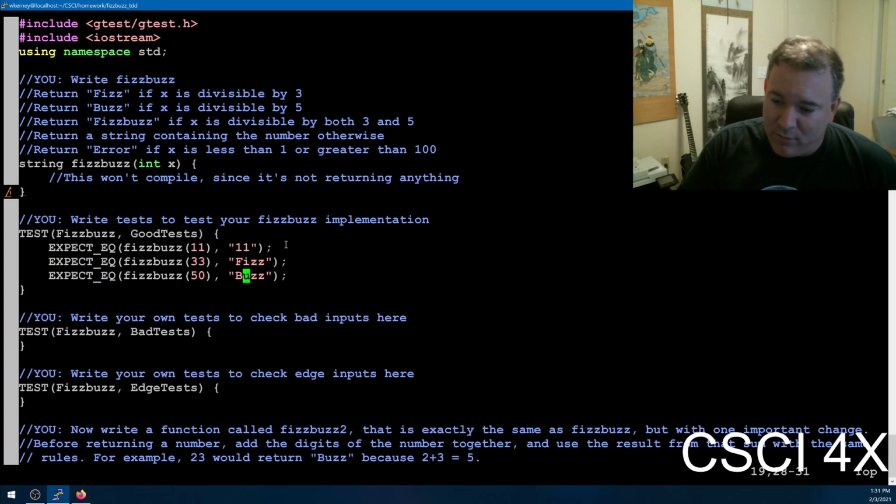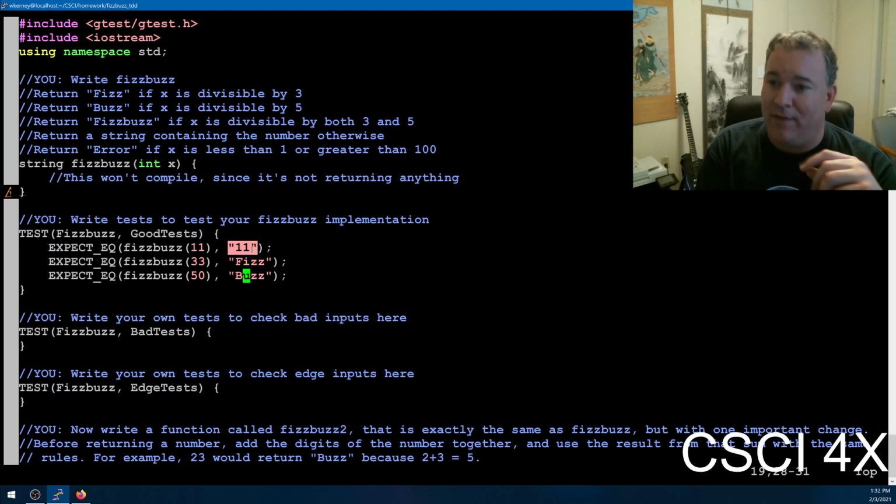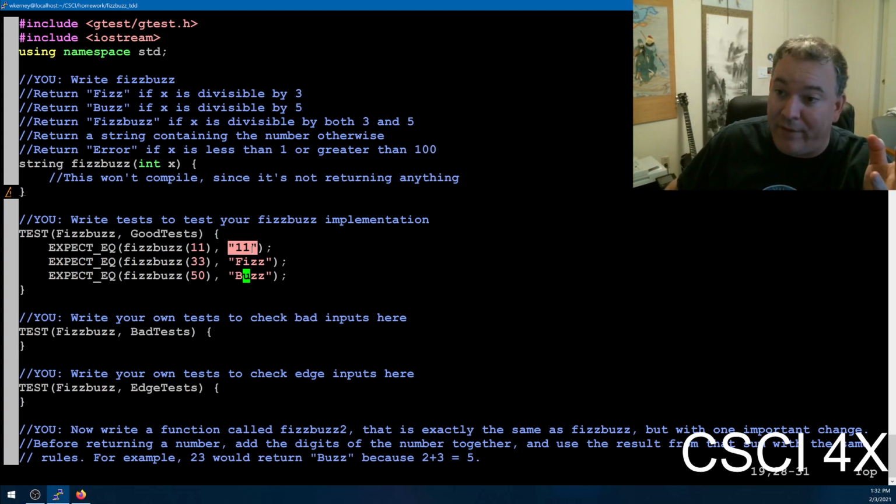EXPECT_EQ is a macro, not a function, and it's part of the gtest suite. What it does is say we expect the result of fizzbuzz 11 to equal, EQ means equal, this string here. And if it doesn't equal it, then it will throw a red flag and say you failed that test.